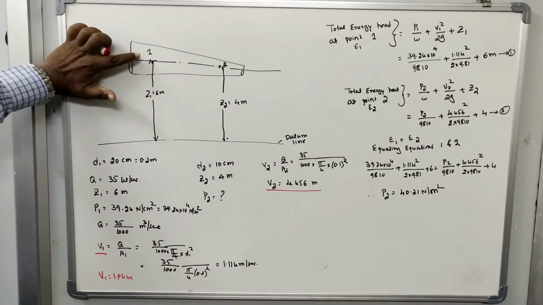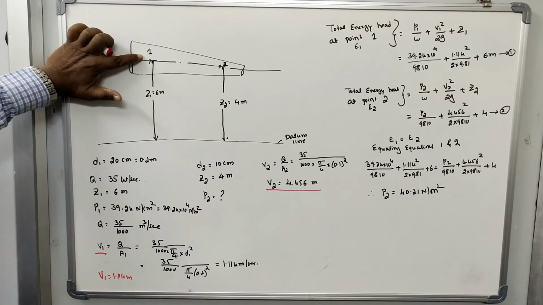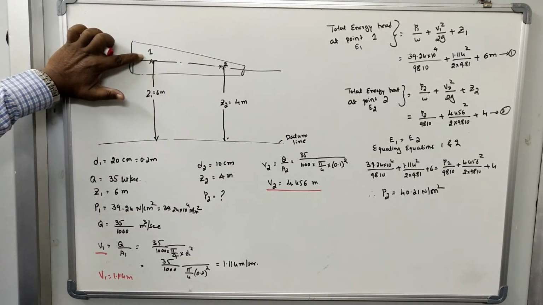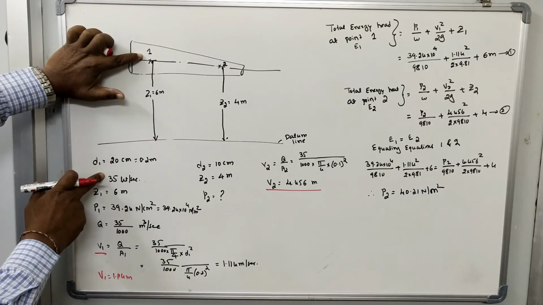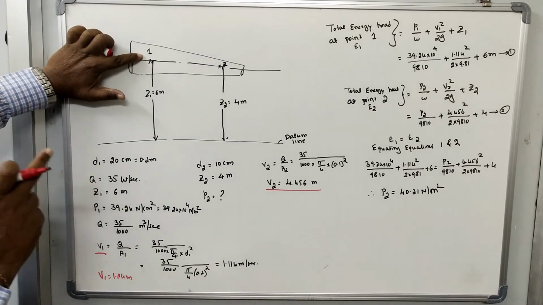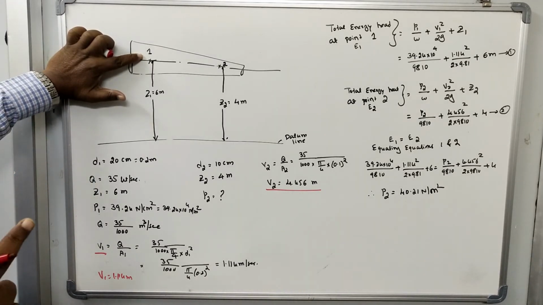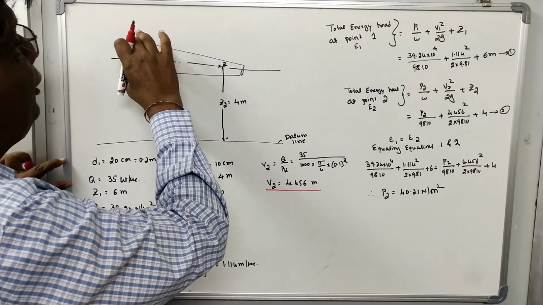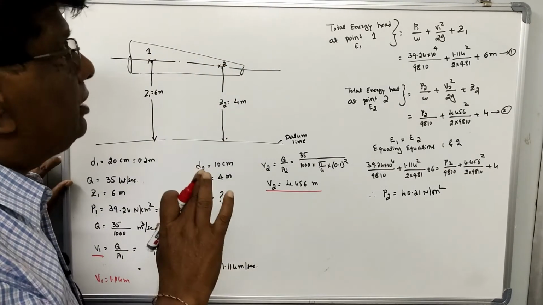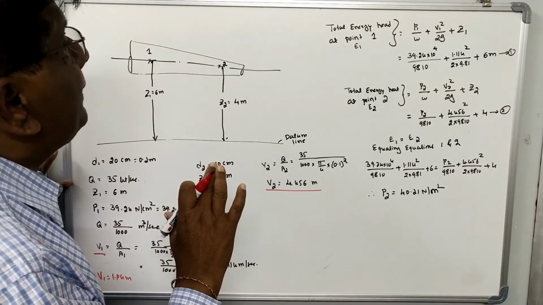See here, the velocity at point 1 is 1.114 meter and velocity at point 2 is 4.456 meter, but the discharge is same, that is 35 liter per second. See, why this happens? See, this is not a uniform diameter pipe.